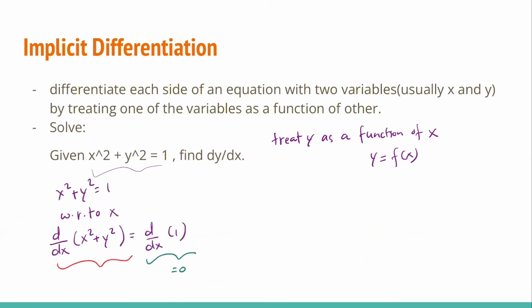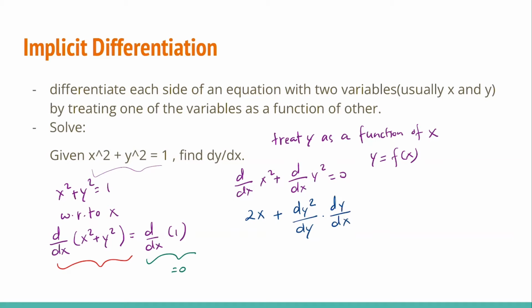So what we can do is d over dx of x squared plus d over dx of y squared equals 0, right? So we can find the derivative of x squared with respect to x. That is going to be 2x plus d of y squared over dy times dy over dx.